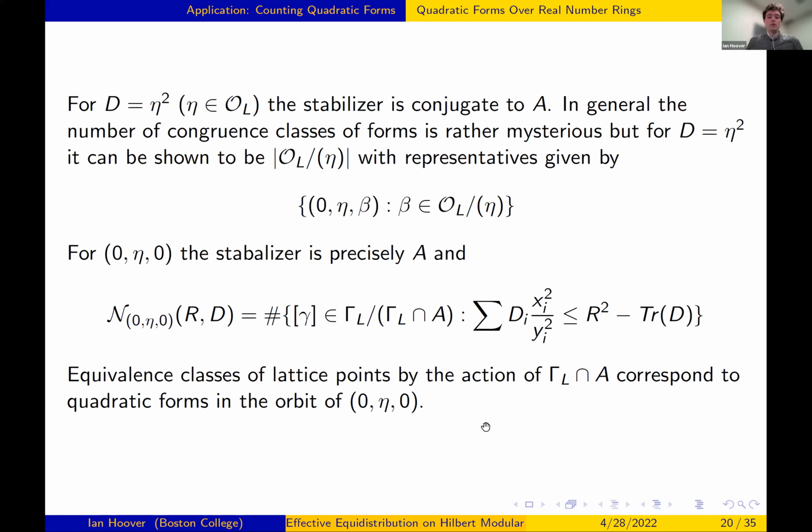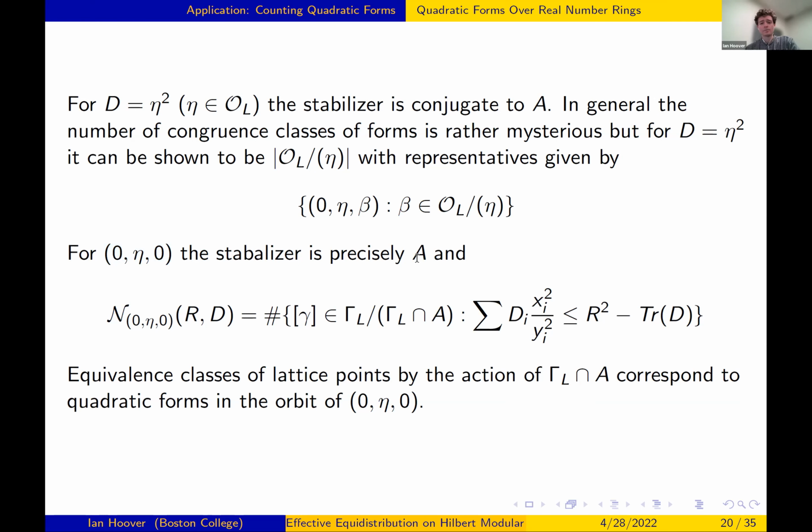Then we can express our region again explicitly for a specific representative, where O eta O is 0 eta 0. So then the stabilizer is precisely A. We can compute the region that corresponds to forms of norm less than R.